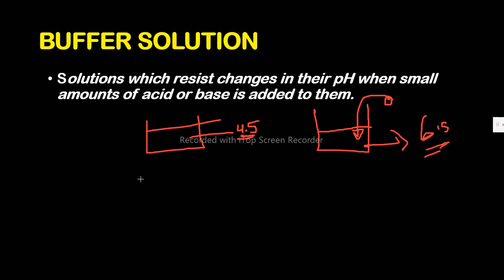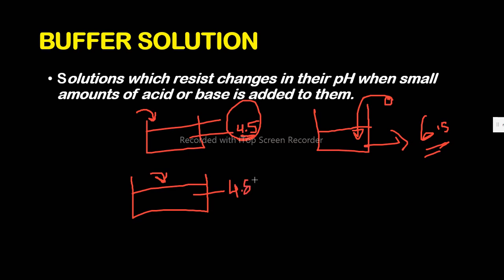But in another solution, if the pH is at 4.5 and you add just a drop, the pH just adjusts a little bit and it becomes maybe 4.51.